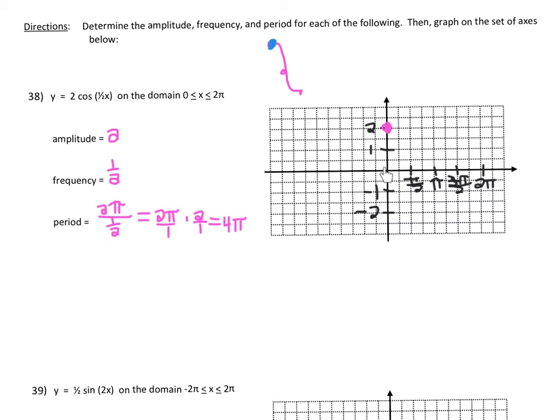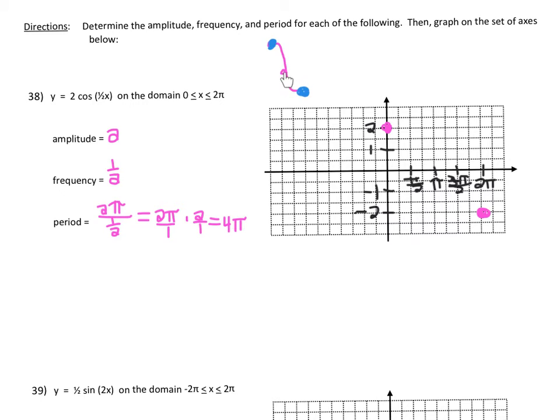So at 0, we graphed that first point, which was up at a maximum. At 2 pi, we're going to have to graph that last point that we see here, which is at a minimum. Okay, so at 2 pi, I'm going to go all the way over to 2 pi and go down to its minimum, which is at -2. Okay, so I plotted this point now too.